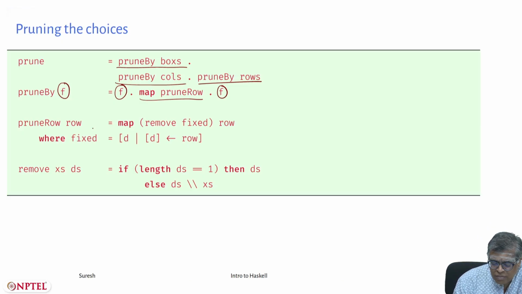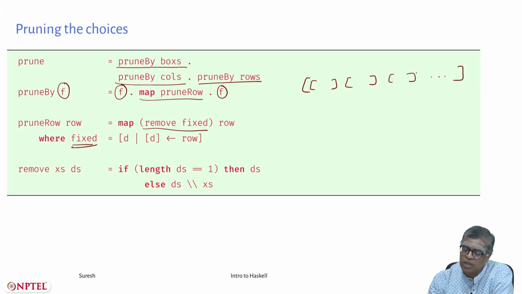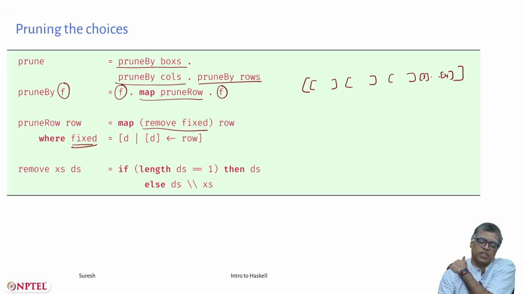Prune row of a row is nothing but map remove fixed. So remember that your row itself is a list of choices. Each entry is a list of choices. Okay. So now what I will do is I will first determine what are all the fixed elements. These are the elements that belong to a singleton list. So I will have a 3 here, I will have a 4 here. So 3 and 4 are fixed. Okay.